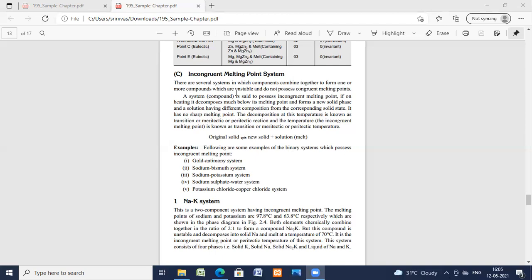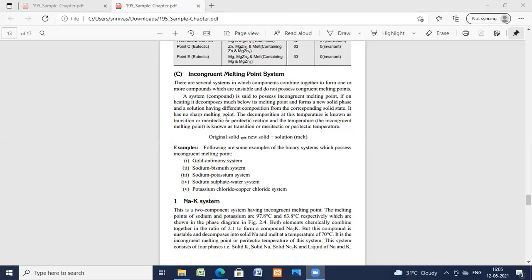F prime is equal to C minus P plus 1. F prime is the number of degrees of freedom, C is the number of components, and P is the number of phases. Now we'll see the reduced phase rule for the solid systems.